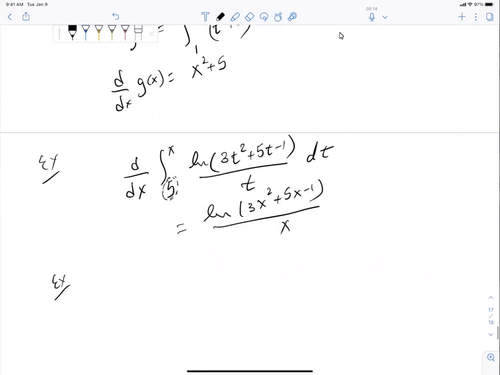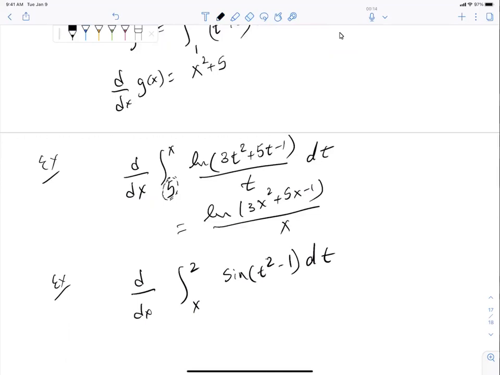Things can get a little bit tricky. For example, somebody could say, how about d dx of the integral from x to 2 of sine of x t squared minus 1 dt? It's a sine function, so obviously I expect continuity, no problem.